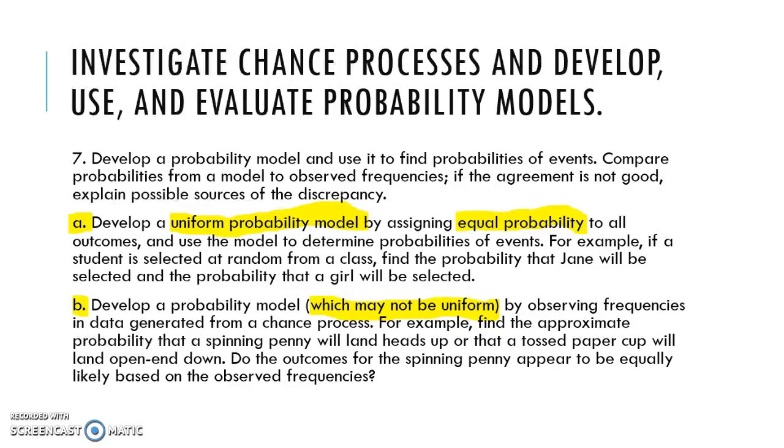In the example here, tossing a paper cup, how often will it land open-ended down, and how often will it be other? So these are things that are much more difficult to come up with theoretically, and it really forces you to rely on the empirical data, the observed and generated information.